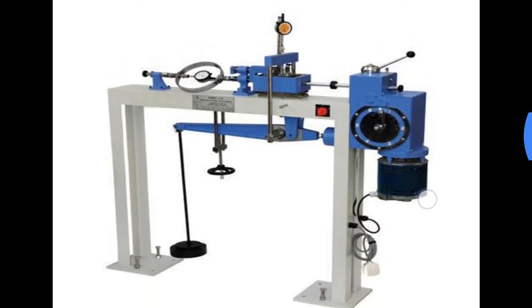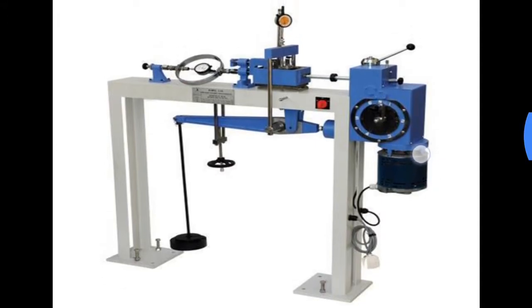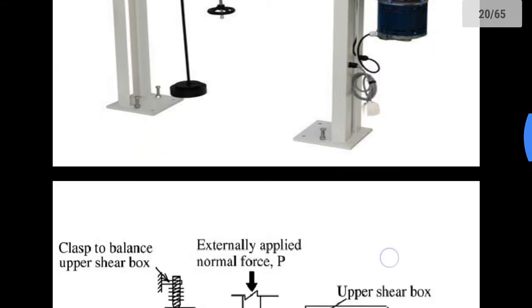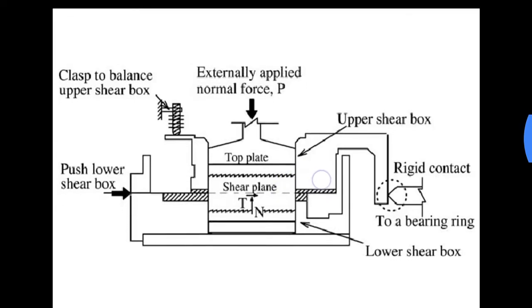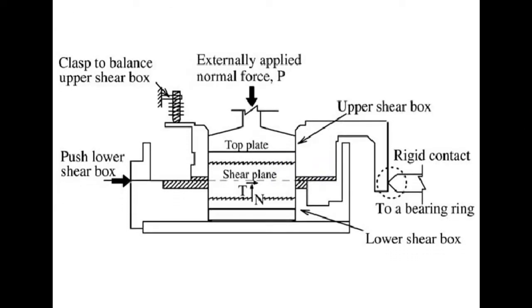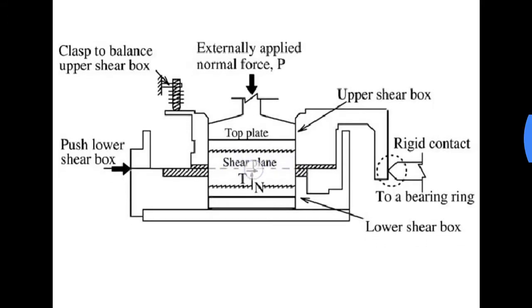So this is the machinery setup used for direct shear test. In direct shear test, we have a rectangular mold in which we place the soil sample.